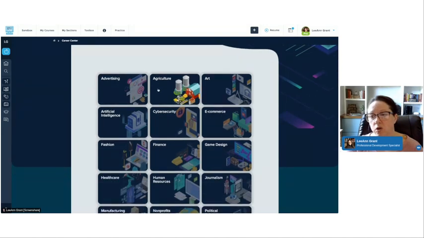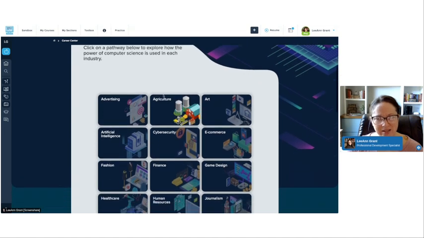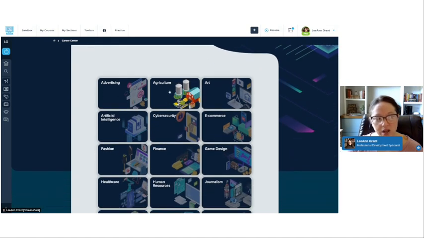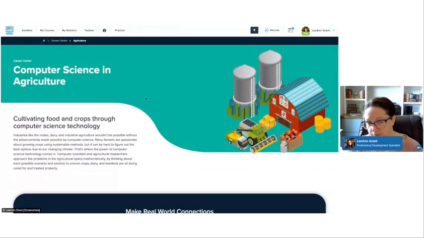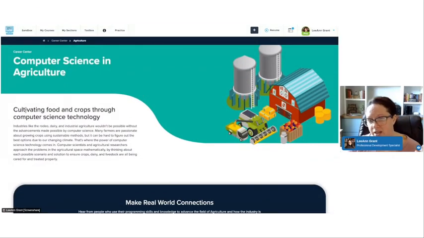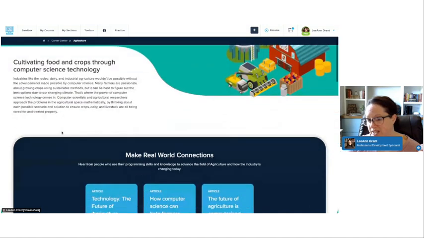All right. So the student's really interested in ag. Well, let's talk about ways that computer science is used within agriculture careers. So if I was to click on agriculture here, it has information about cultivating food and crops through computer science technology.